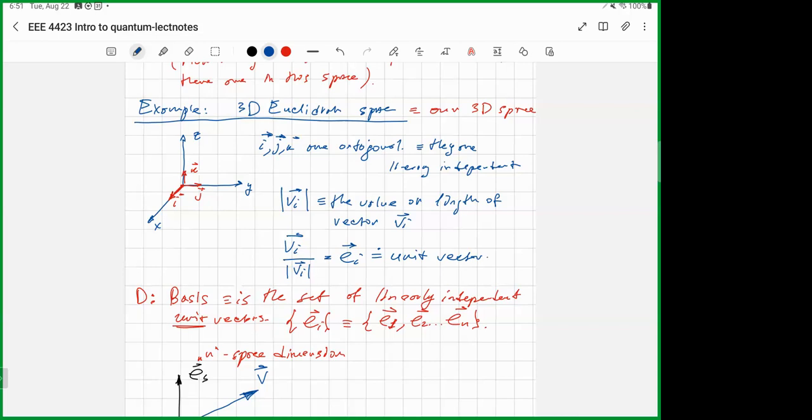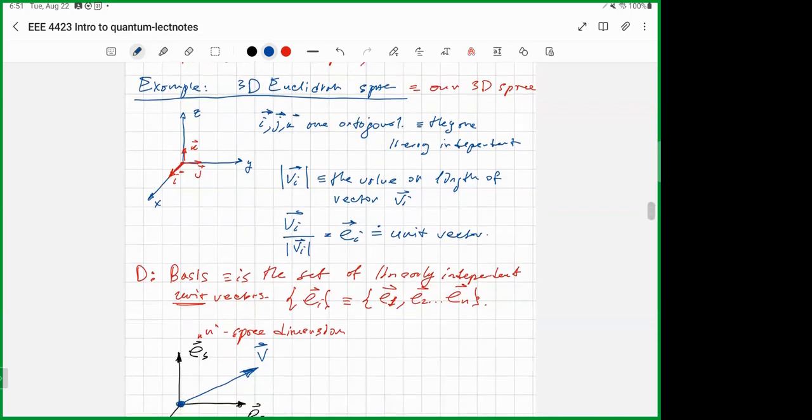We can introduce a spherical coordinate system, rho, phi, and theta: two angles and the length. Again, this is the same space that we described, but we use another set of linearly independent orthogonal unit vectors. The same space, but another basis.